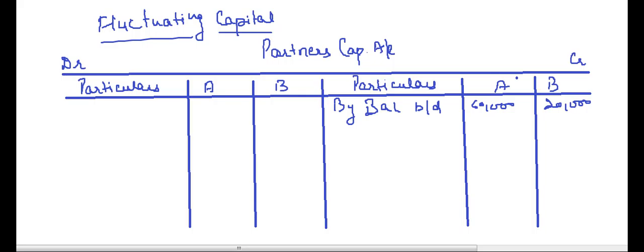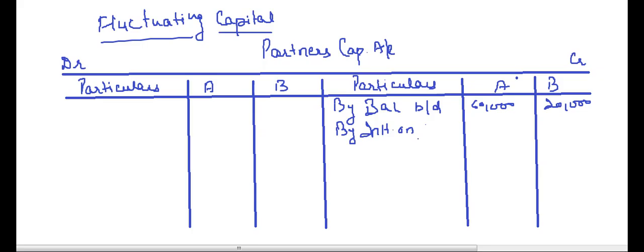Now let's see. We'll do all the transactions in partner's capital account only. What are the transactions we have? Interest on capital, income for the partners, right? Whatever transactions we have done in the current accounts earlier under the fixed method, now under the fluctuating capital method, we will do all those transactions through partners' capital accounts.